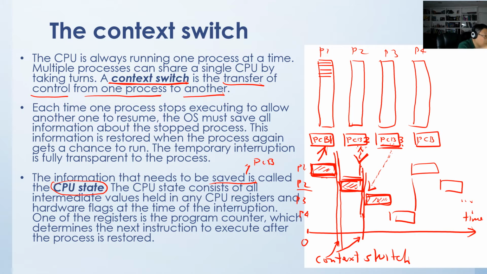Also, some of the data is loaded into the registers of the CPU. All this information should be saved in the PCB. And then next time when the CPU is back to the process, all the saved data can be reloaded into the CPU and then continue the execution. Okay, so that's the context switching.